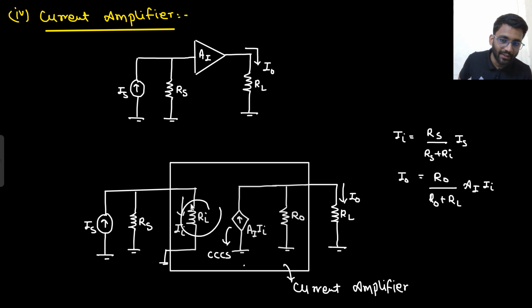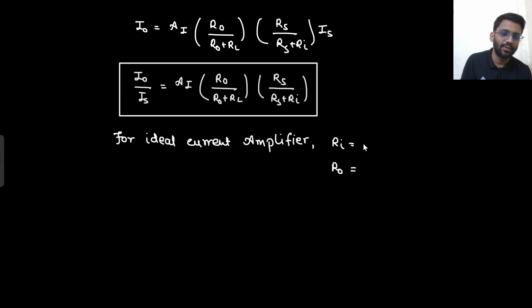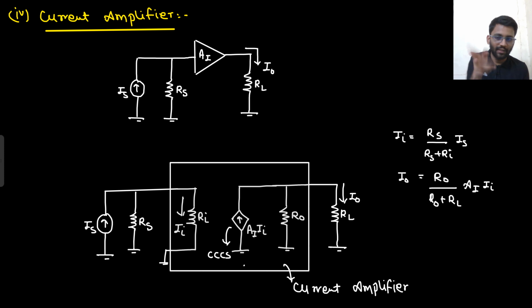If Rin is short circuited, then the current would be completely coming here. So Rin should be as low as possible. At the input side you want maximum, and at the output load you want maximum, so the amplifier should not eat up anything, right? So if Rin is 0, that means maximum current would be coming. And if your R0 is infinity, that means the maximum current will be going towards the load.